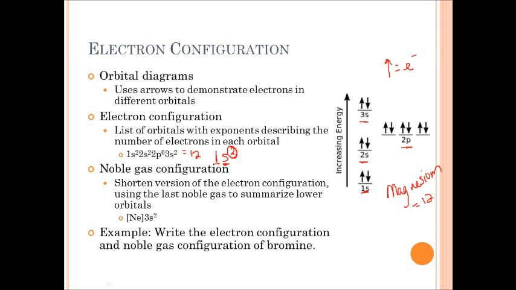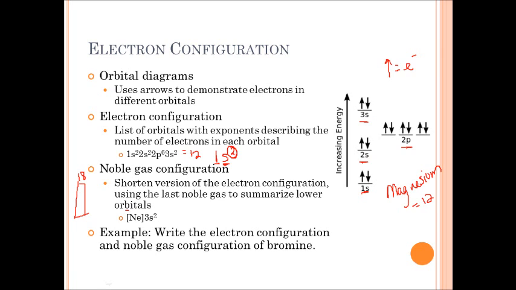Now, we can actually take this, because at times this can get kind of long-winded, and we can write this in a shortened form known as the noble gas configuration. Basically what you do is you go to the previous noble gas. Now remember, noble gases, if you're looking at the periodic table, are going to be in group 18. They're the furthest to the right. So you look at the previous noble gas on the row above, and you start there.